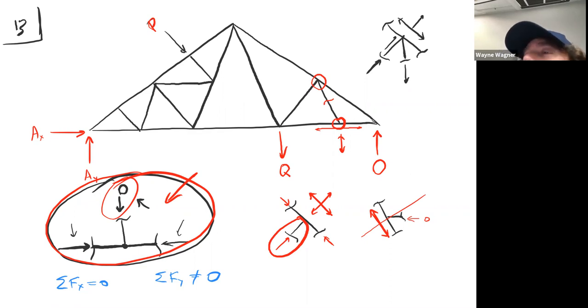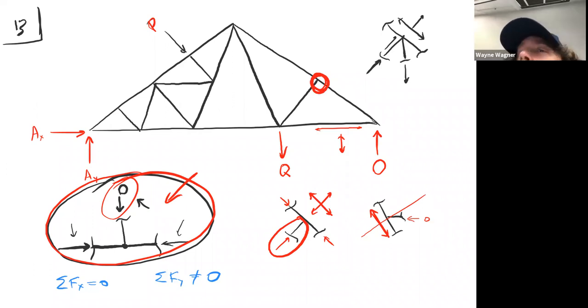So we're going to go ahead and erase that one. We're kind of running out of forces here. And now if we look at this one right here, that one's going to go away too.